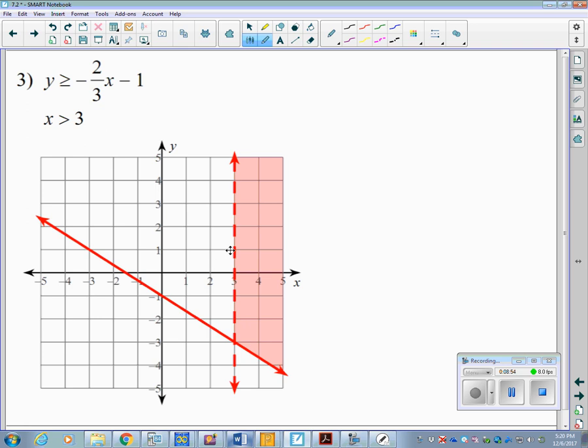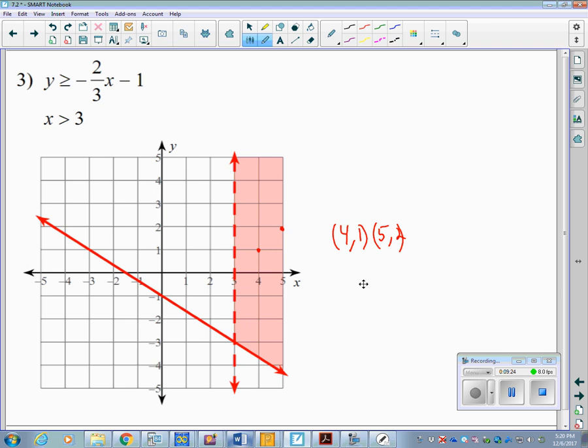Now keep in mind, since this is dotted, you don't want to pick a point on the line. You don't want to put 3, 0 or 3, 1 because the dotted line indicates that it's not included. If it was solid, you could pick that one. But since it's not, you want to come all the way over within that region and pick a number from there. So I've decided to pick 4, 1 and 5, 2.